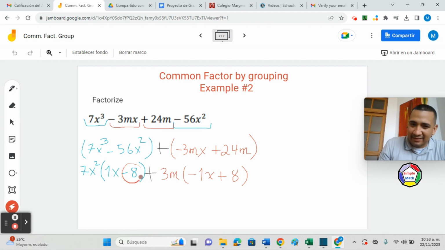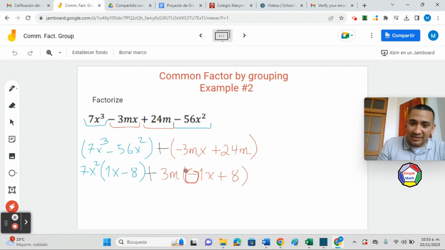Here 8 is negative, and here 8 is positive. What we're going to do is we will take out the negative symbol, and we will take out the positive symbol. How do we change this into a positive, and how do we change this into a negative?